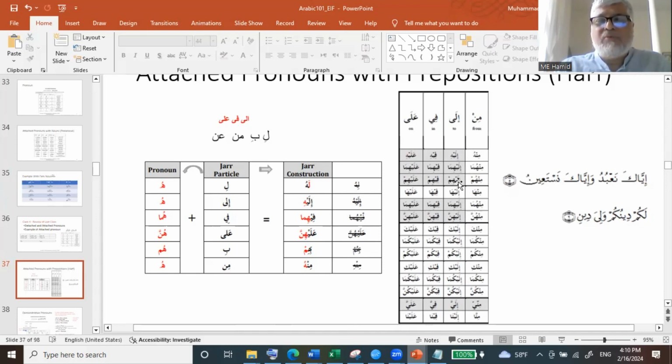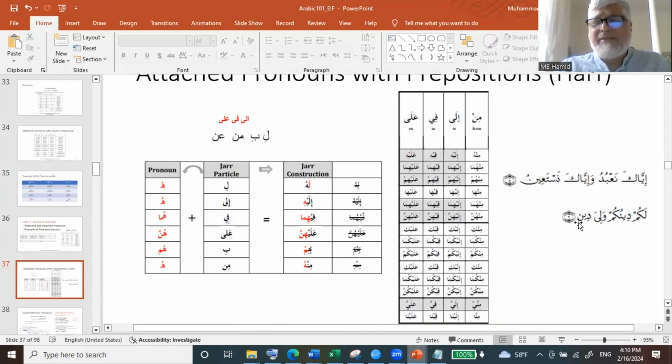Dinuhu, dinuhuma, dinuhum, dinuha, dinuhuma, dinuhunna, dinuka, dinukuma, dinukum, your deen. So deen plus kum. Waliya is li plus ya. Then it comes li or liya, then lana. Here is a little tricky: dini is my deen, and the ya is missing.